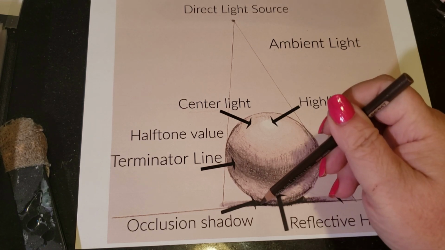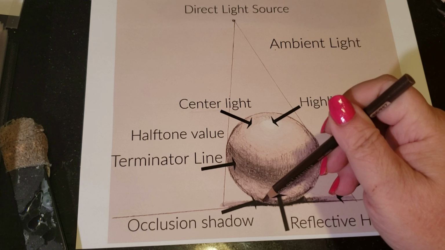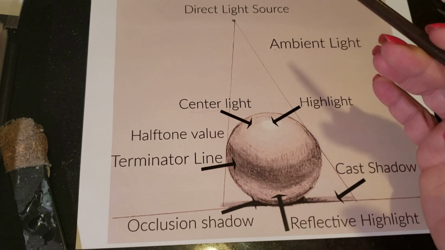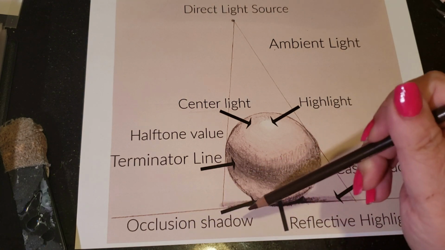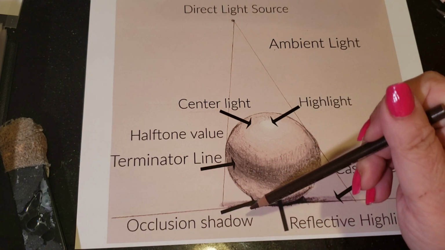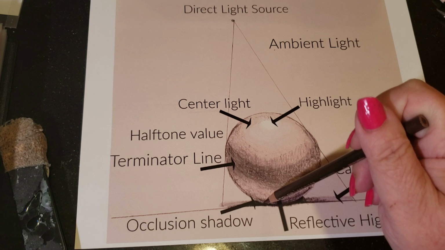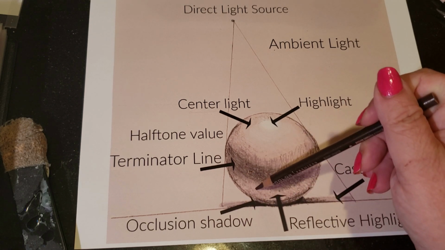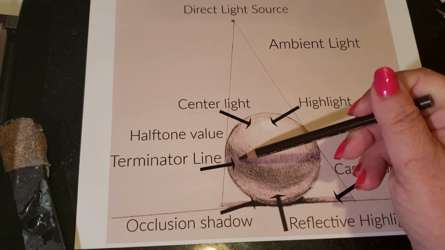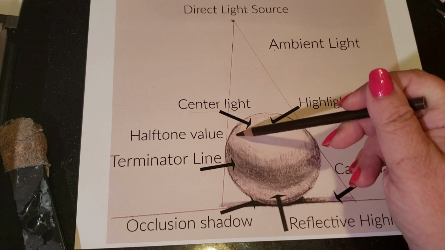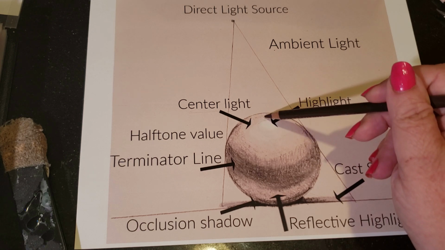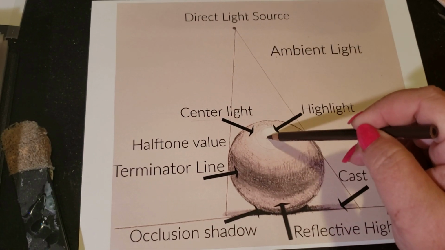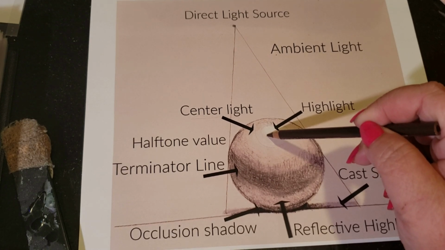So this would be like a 70 to 90%, if 70 was like your second to darkest on the gray. I should mention that. Okay. And then that's your occlusion shadow. So you have occlusion shadow, reflective shadow, to your terminator line, creating your halftones until you get to your center light, the closest to the direct light source.